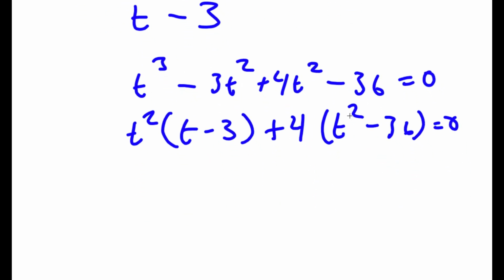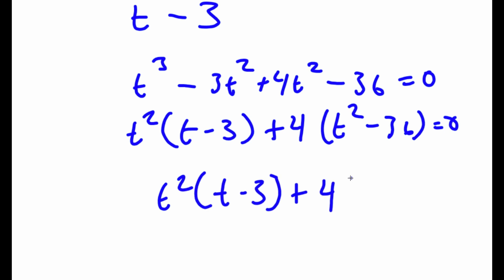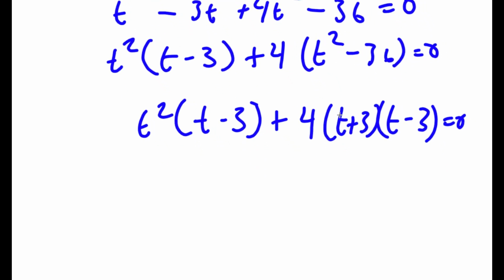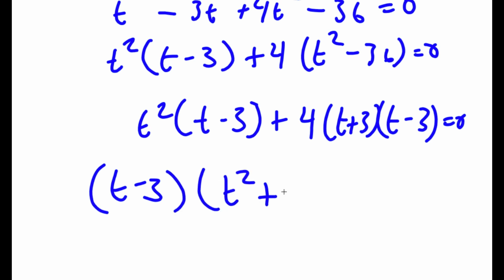Now t squared minus 36 is equal to t plus 3 times t minus 3. Now I can factor out t minus 3 from all of this, so I get t minus 3 times t squared plus 4t plus 12.